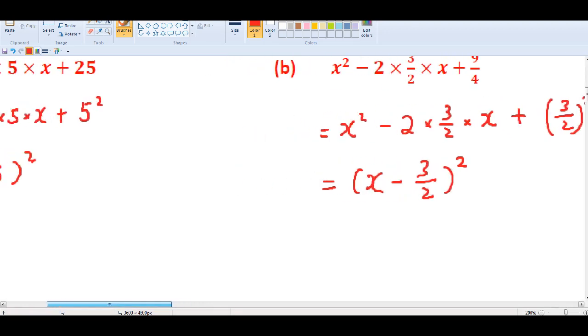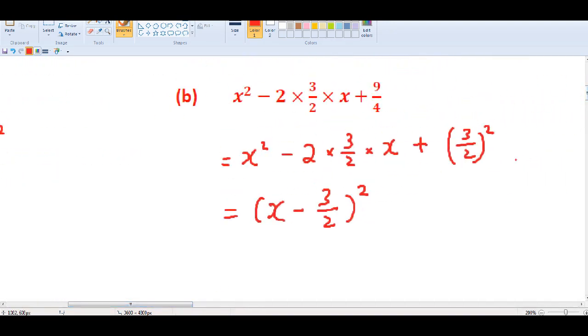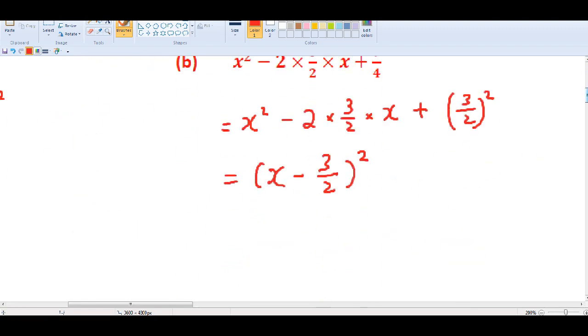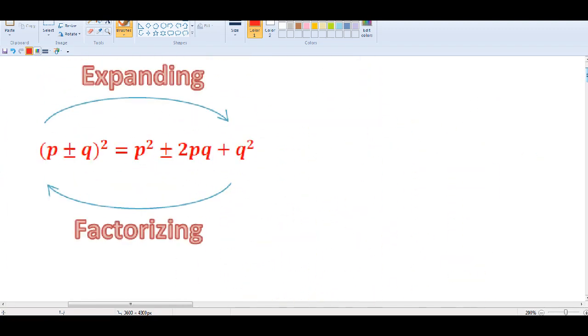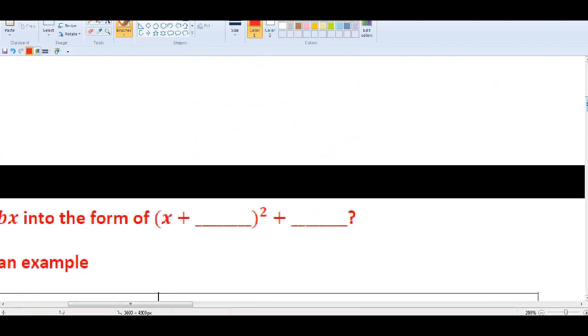Possibly you might need some time to digest this because it's not quite familiar, but try to understand the way we use this identity to do the factorization here, because that's very important for you to make sense of the rest of the video.